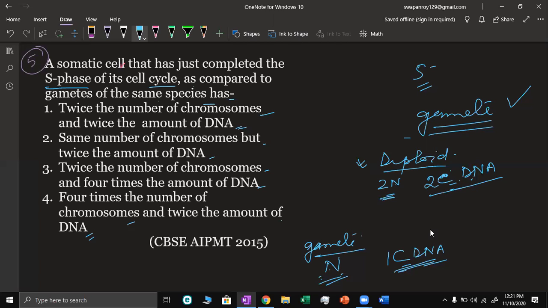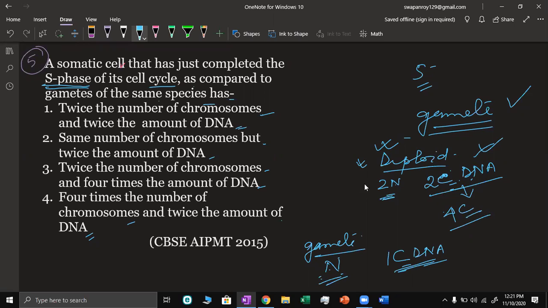All right. Now this cell has already completed S phase. That means the DNA has been doubled, that is, DNA replication has taken place, and so the DNA has become 4C.